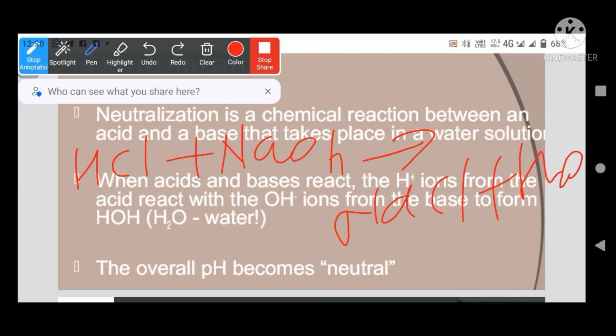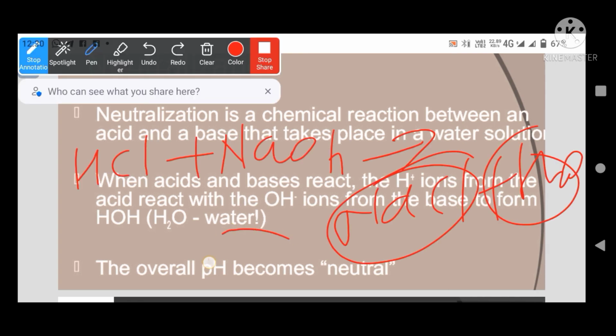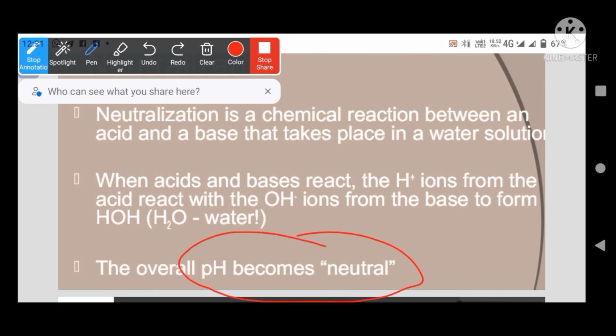This is the reaction. Here salt and water are formed, and overall the pH becomes neutral. Why is it called a neutralization reaction? Because the pH of this solution is neutral, meaning there is no presence of H plus ions, so no acidic or basic character is shown in that solution.